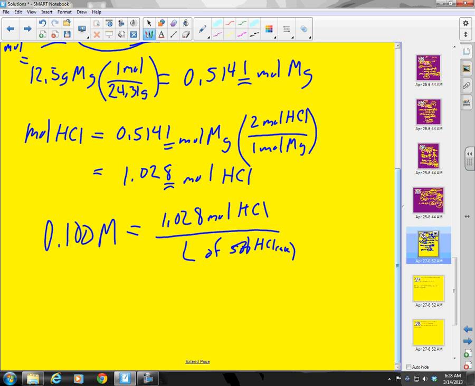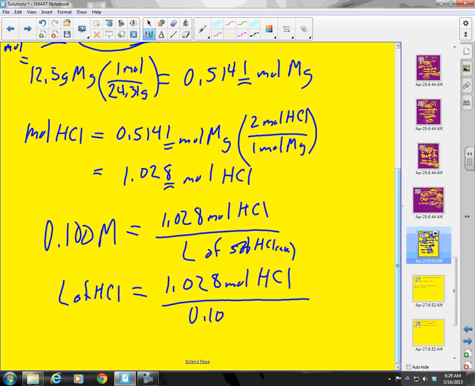Multiply both sides by liters of HCl, and then divide by my 0.1, so liters of HCl equals 1.028 moles of HCl divided by 0.100 molar, and that gives me 10.28 liters of HCl.